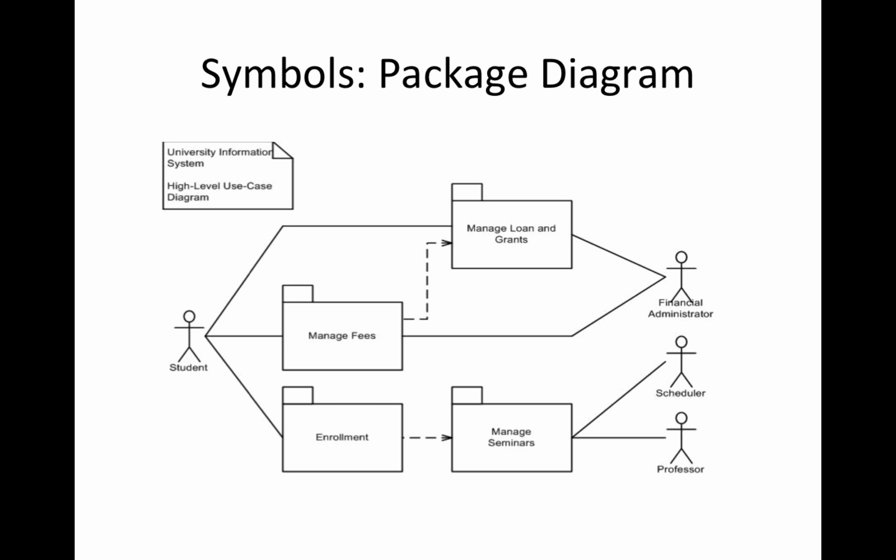So here we see a student should be able to manage their fees, enroll, and interact with loans and grants, and those interact with other people: financial administrators, schedulers, and professors.